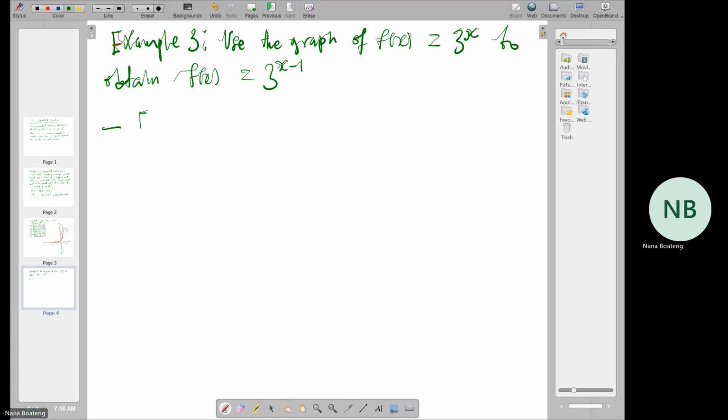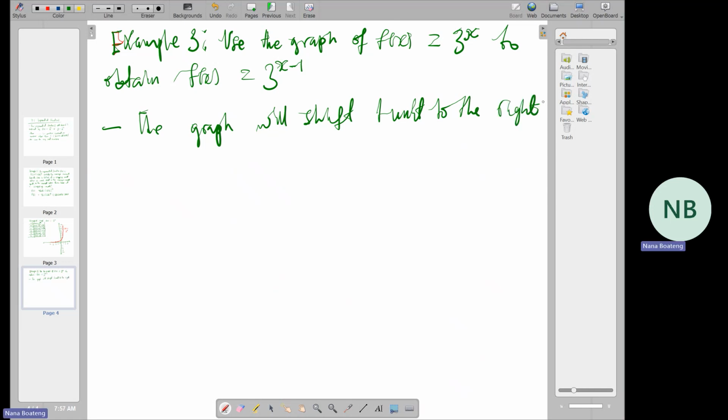So the graph will shift 1 unit to the right, and that means we will add 1 to each x coordinate to obtain this new graph.